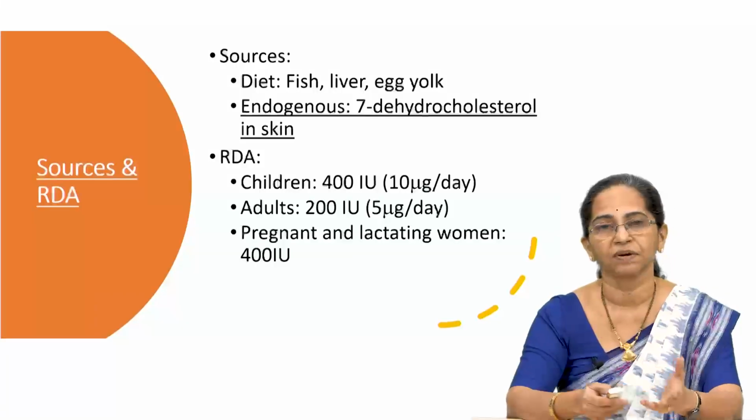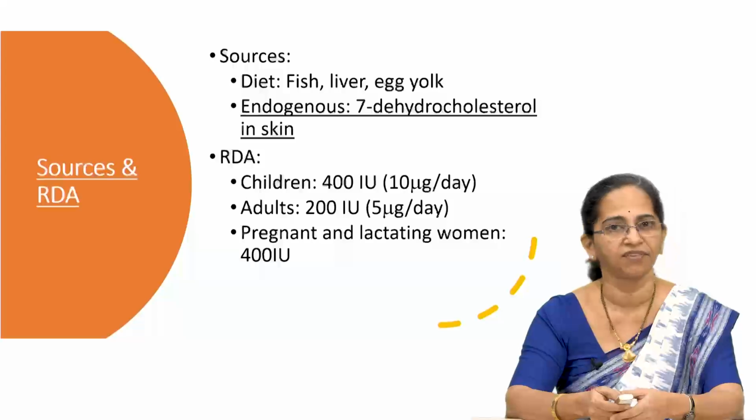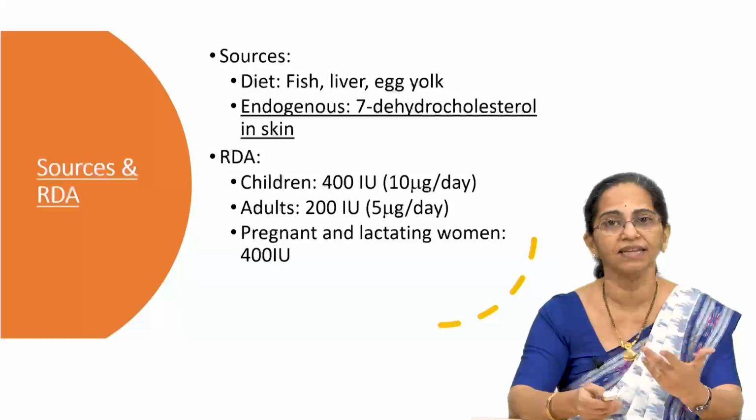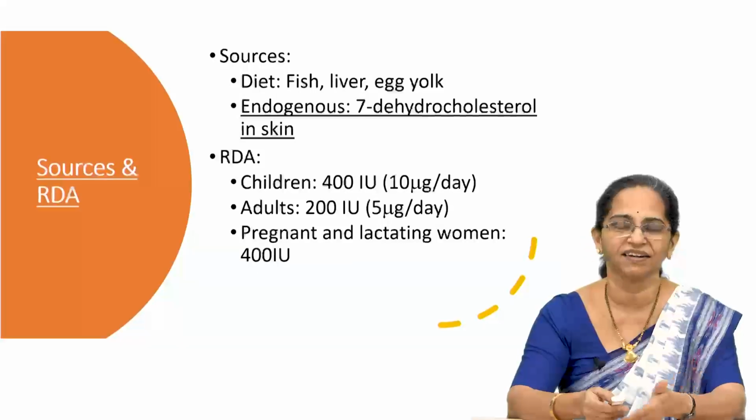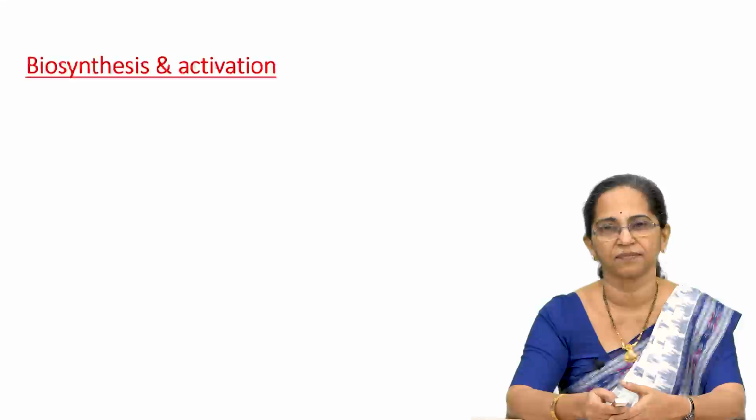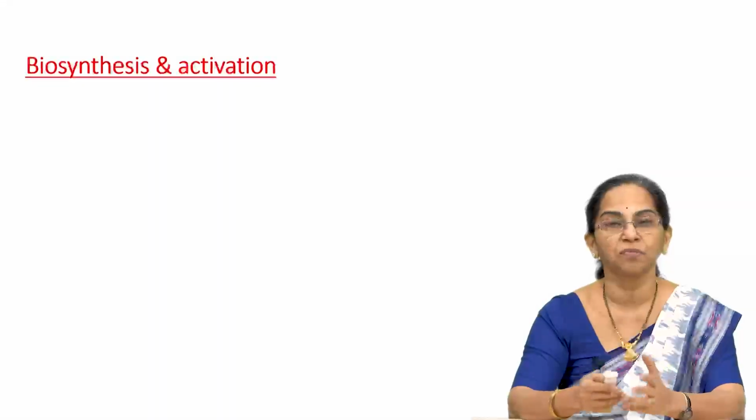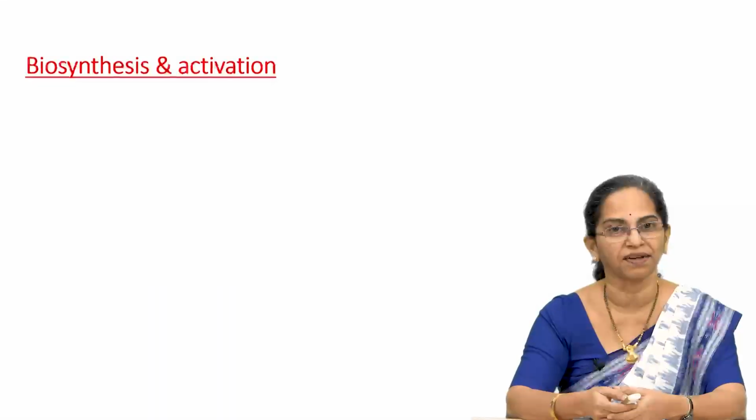Of course, when there's pregnancy and lactation, women will have to increase their requirement, and that will again come up to 400 international units per day. So, that was the RDA and the sources. Coming to the most important part of this topic under metabolism of vitamin D.